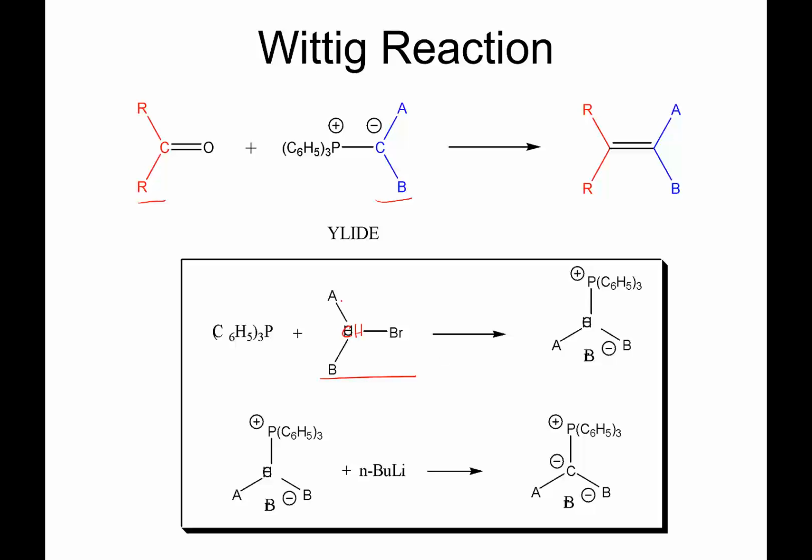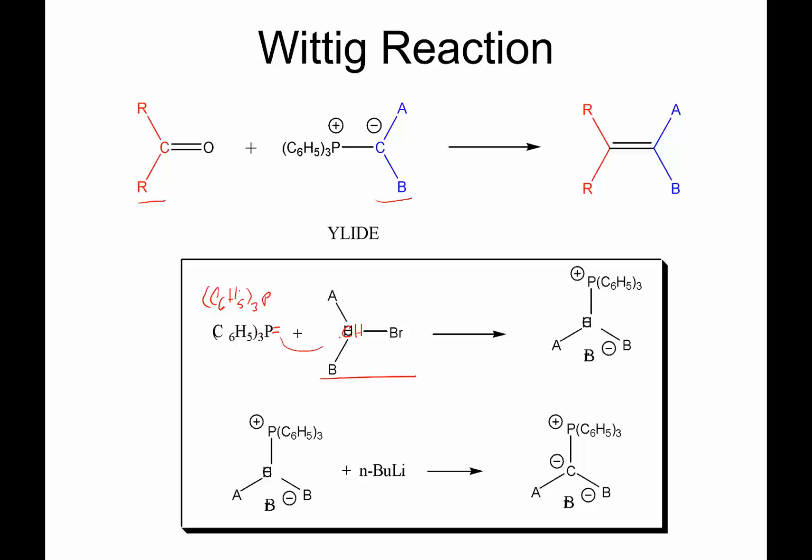So what we do with this alkyl halide, with the A and the B part, is we react it with triphenylphosphine, so three benzene rings on a phosphorus. Triphenylphosphine we have only seen once before, in Heck coupling. Phosphorus, being below nitrogen on the periodic table, is a stronger nucleophile.